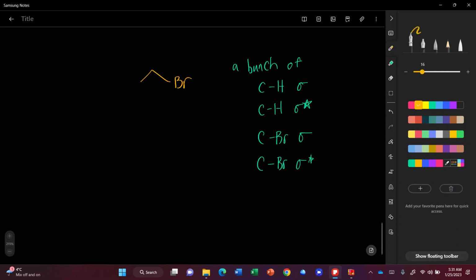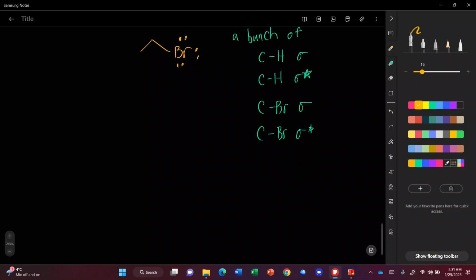And obviously the bromine is going to have a bunch of lone pairs, which means we also have a bunch of non-bonding orbitals, which those lone pairs are going to wind up being in.